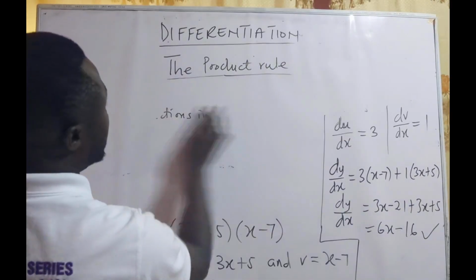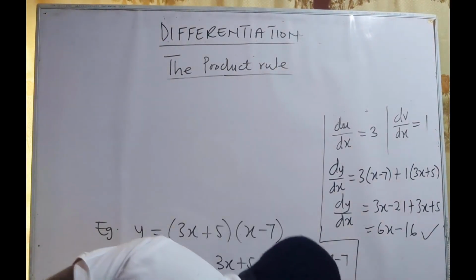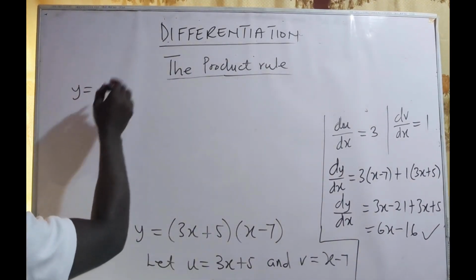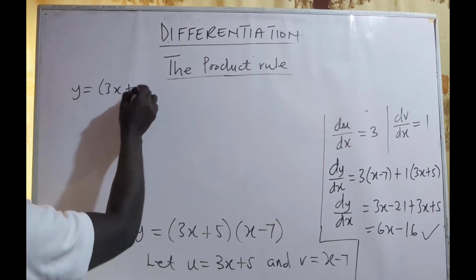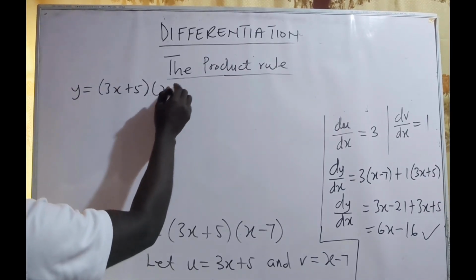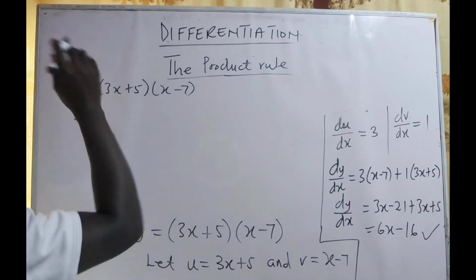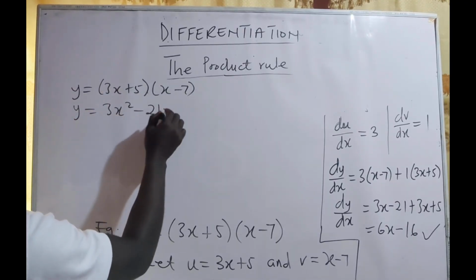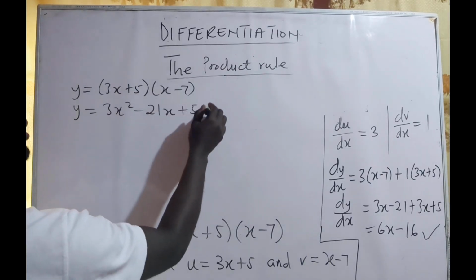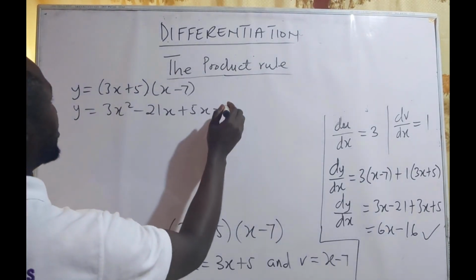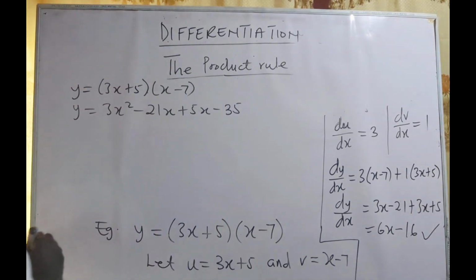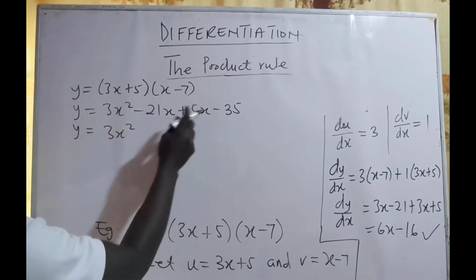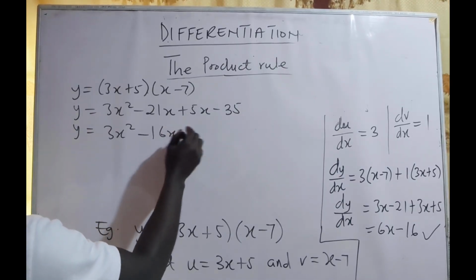Let's use the normal expansion to differentiate and see if we get the same answer. So y is equal to 3x plus 5 multiplying x minus 7. 3x times x gives 3x squared, 3x times minus 7 is minus 21x, 5 times x gives plus 5x, and 5 times minus 7 is minus 35. So y is equal to 3x squared minus 16x minus 35.